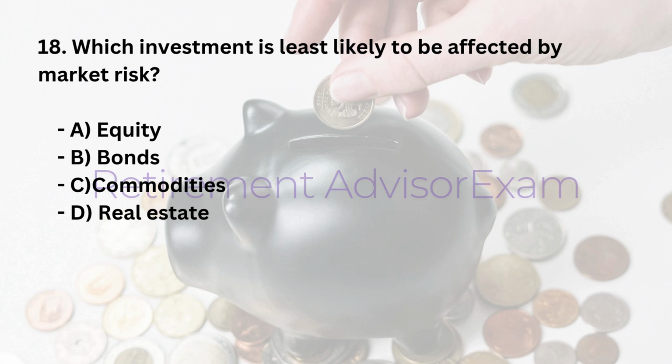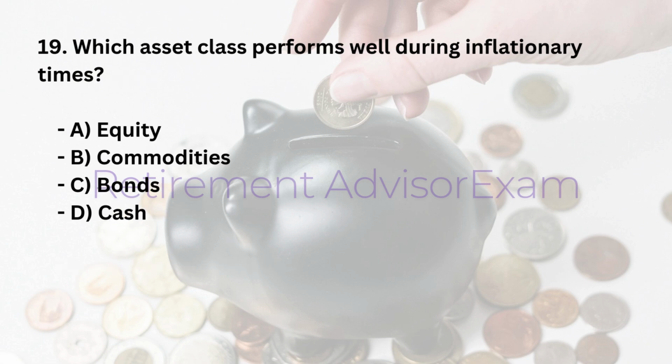A. Equity, B. Bonds, C. Commodities, D. Real estate. Answer: C. Commodities. 19. Which asset class performs well during inflationary times? A. Equity, B. Commodities, C. Bonds, D. Cash. Answer: B.